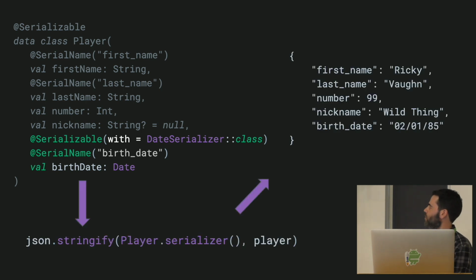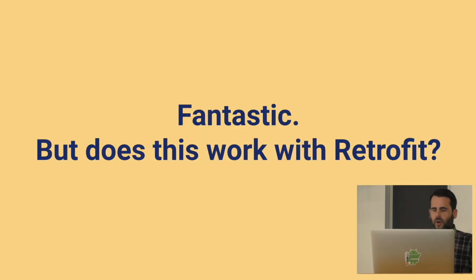Now when we go to serialize it, we get the birth date that we're expecting in the format that we're expecting. So the way that you use the library is tagging these classes with serializable, but it's still flexible to be used with classes that you can't do that with. So pretty handy.